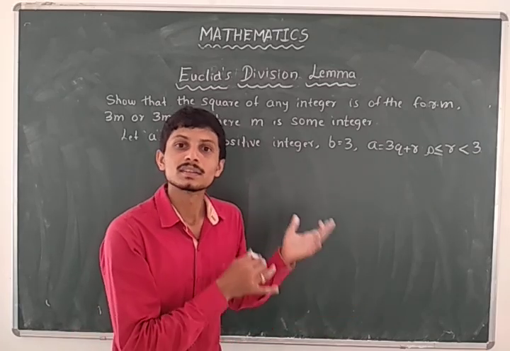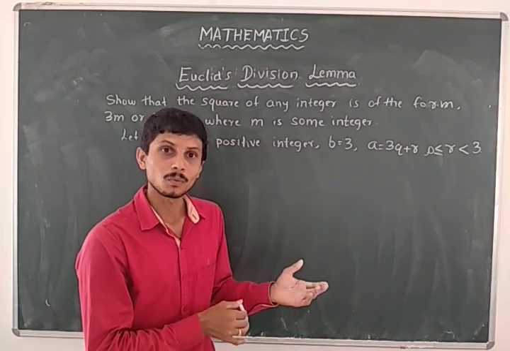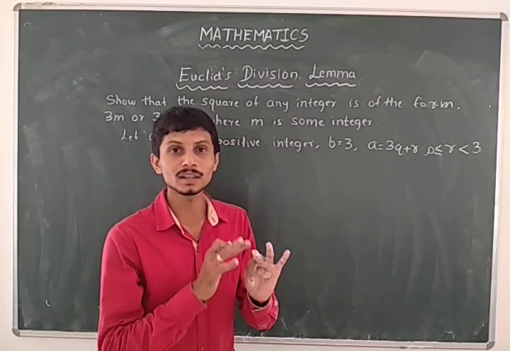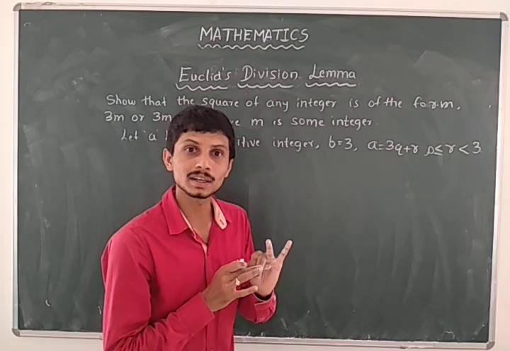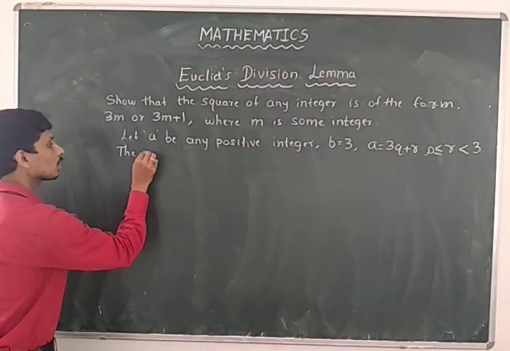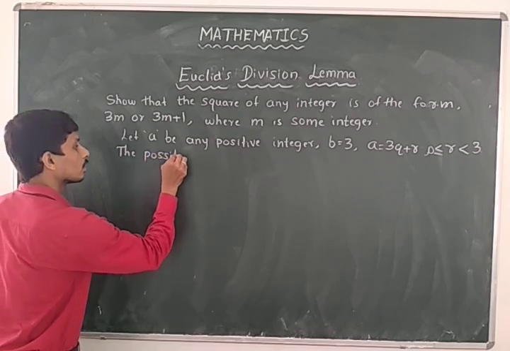If we take 3 as the divisor, what are the possibilities of remainder? There are 0, 1 and 2 as the remainders.